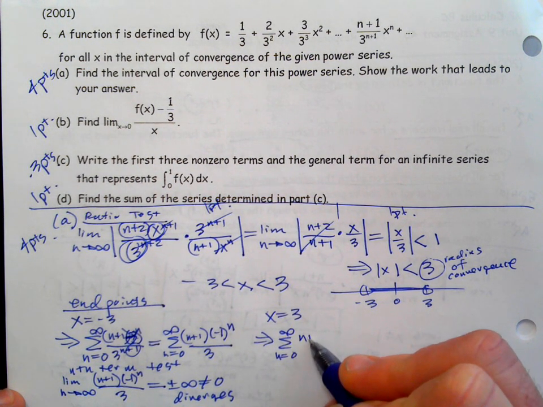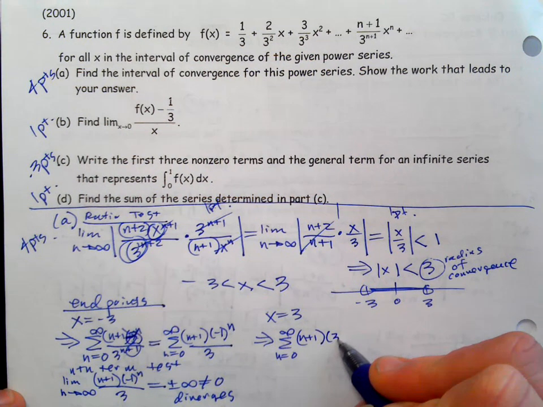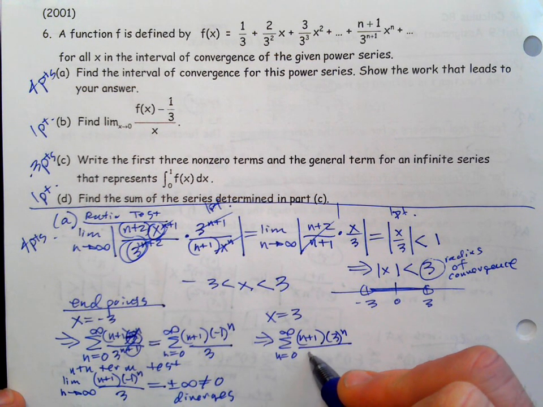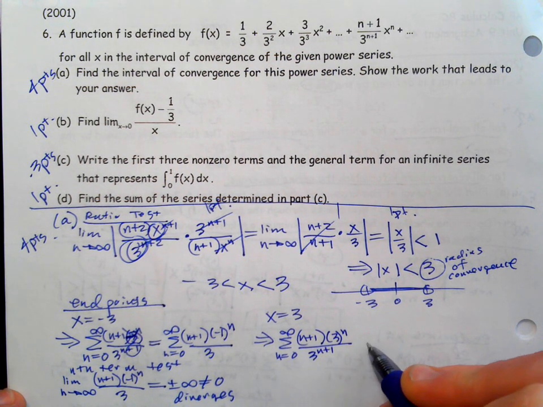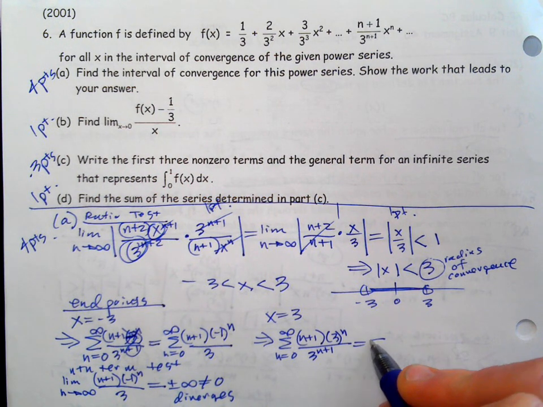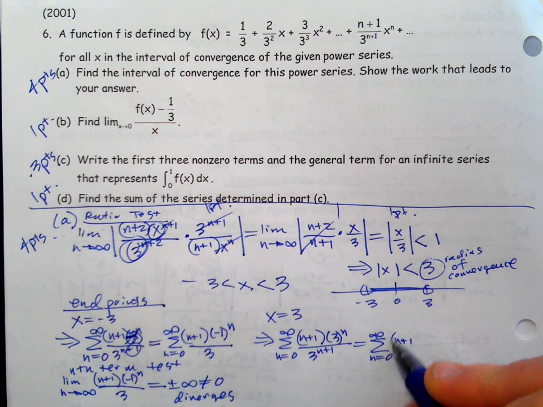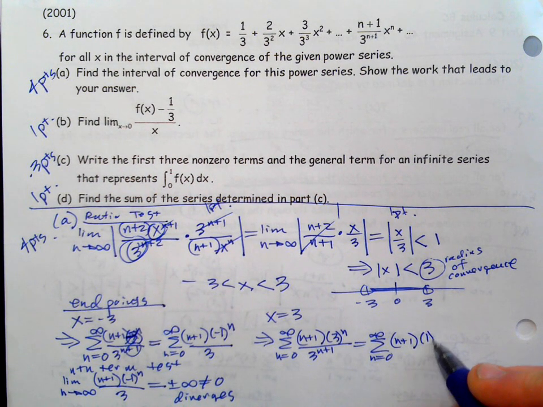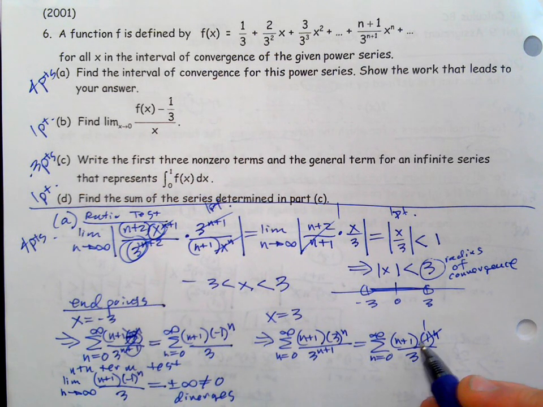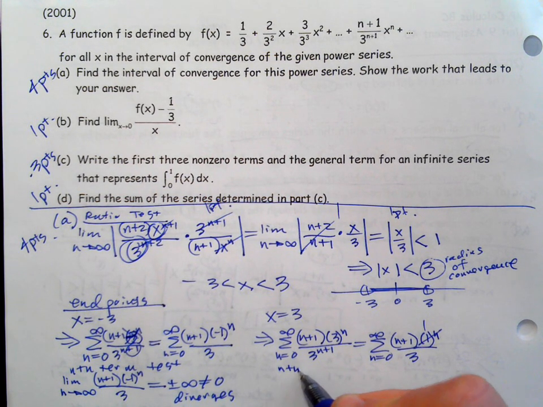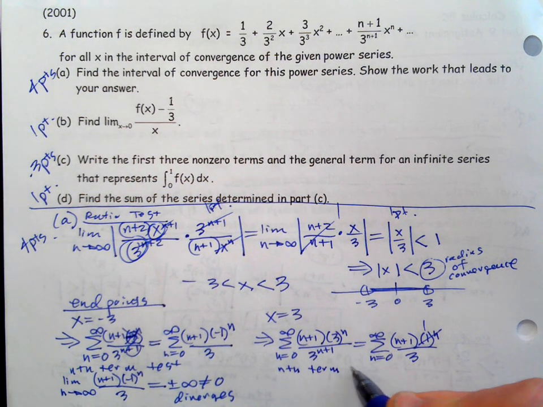n plus 1, 3 to the n, plug a 3 in for the x, 3 to the n plus 1 on the bottom. We could simplify this to make it a little easier. It's going to be n plus 1, 1 to the n over 3, and that's just 1. Now, again, nth term test, this is going to blow up. It's not going to go to 0.